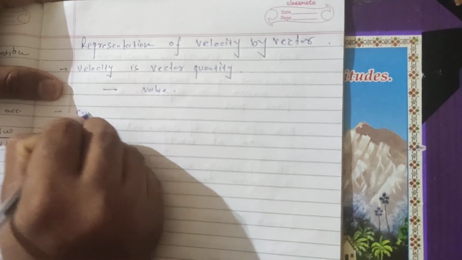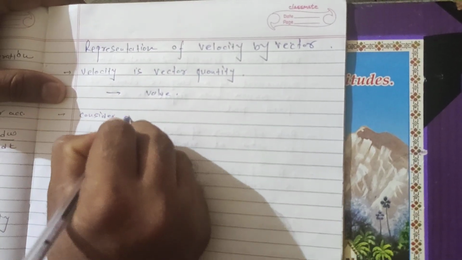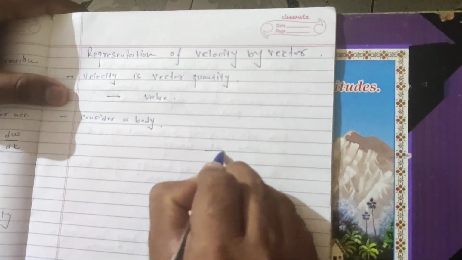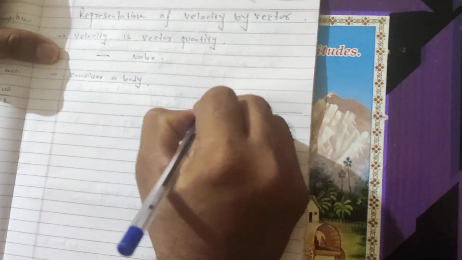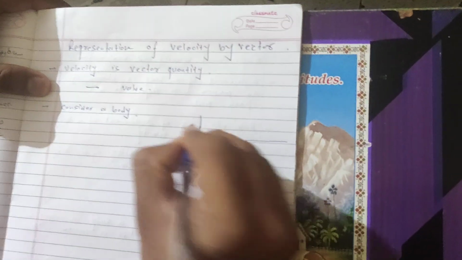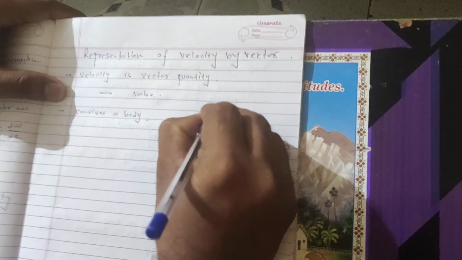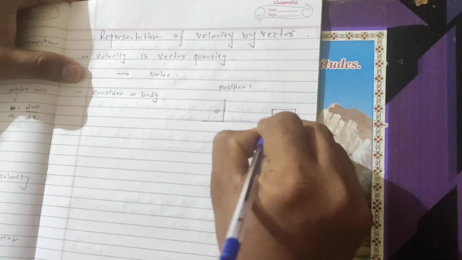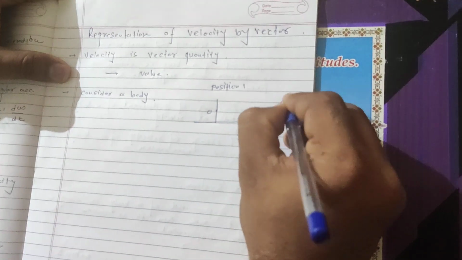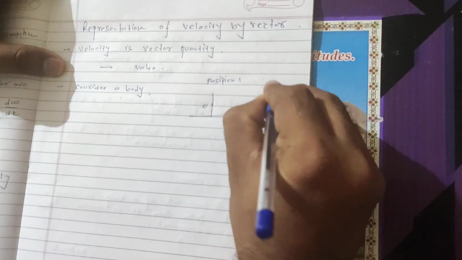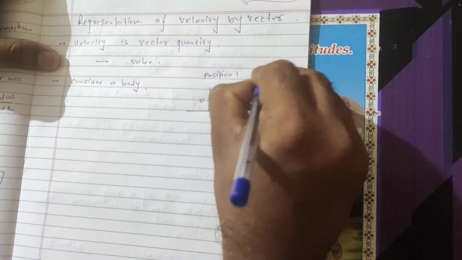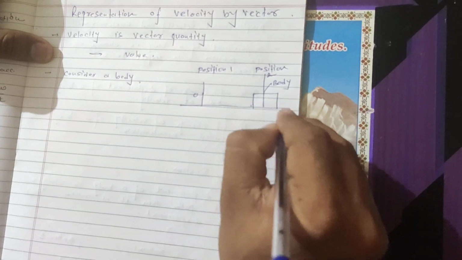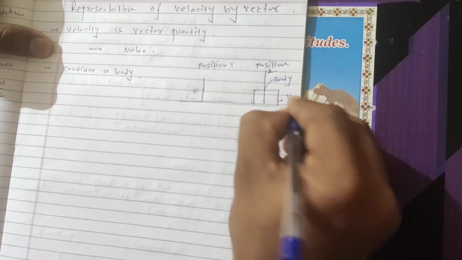Clear? So here we have to consider a body, as per the figure. This is considered as O, position 1, and this is the body at position 2, and it moves with the velocity VA.